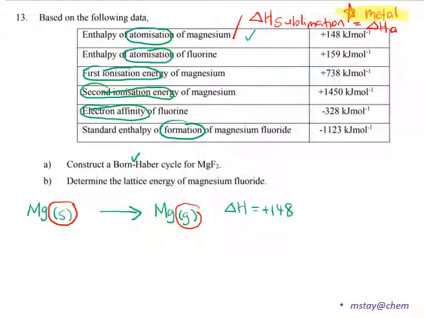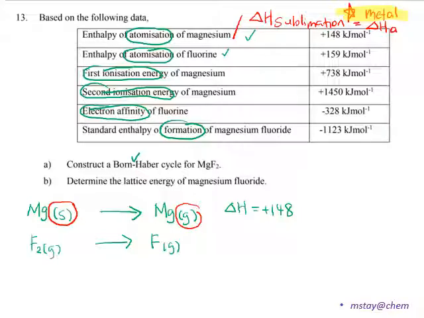Okay, so next, the thermochemical equation that we're going to write is the enthalpy of atomization of fluorine. So we know that fluorine is an element in group 17, so it always exists as a diatomic molecule. Fluorine is a gas, and it is going to form one mole of gaseous atoms.